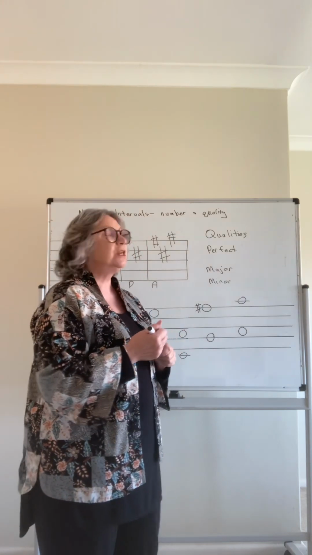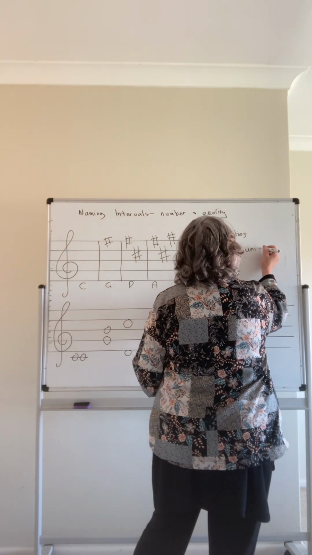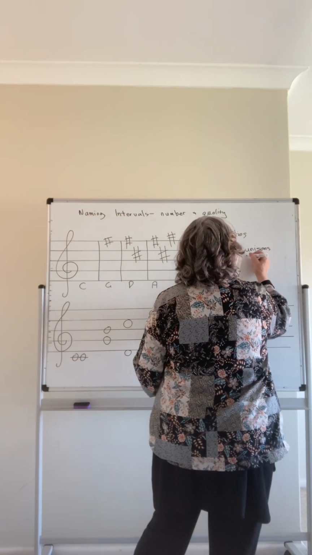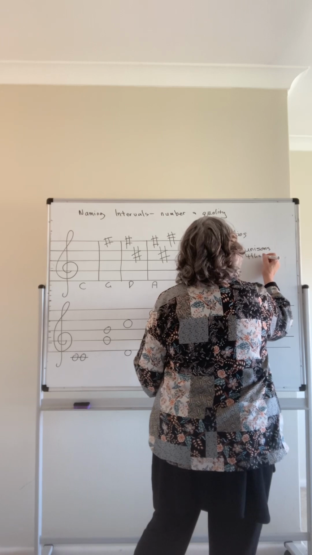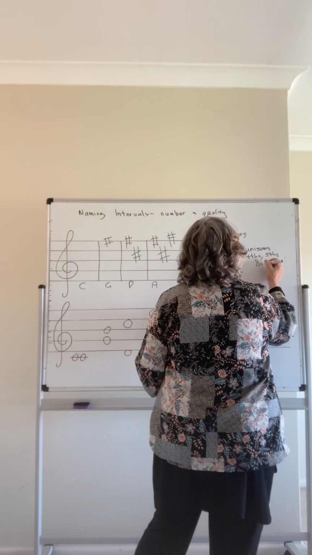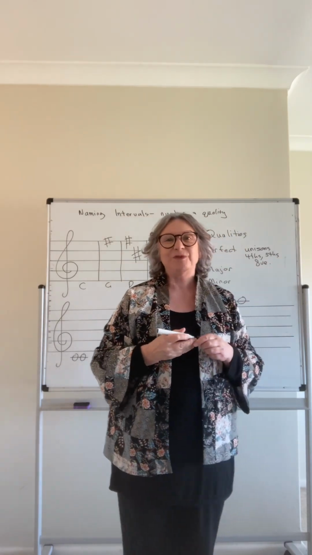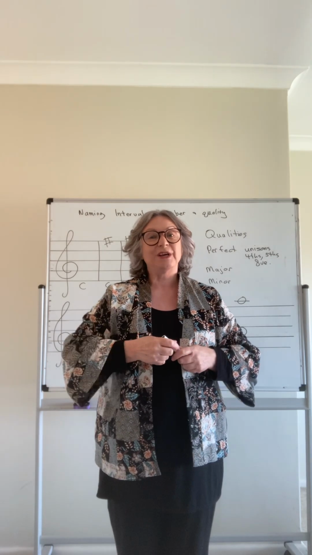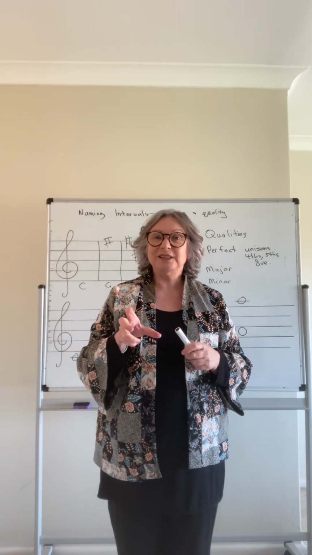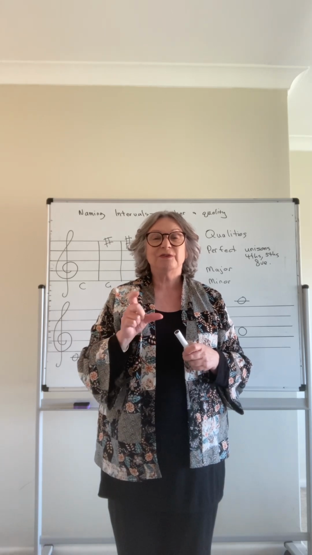Perfect intervals are the ones that are unisons, fourths, fifths, or octaves. Now, why are they called perfect? It's to do with the frequencies of the intervals, how they have this perfect frequency.